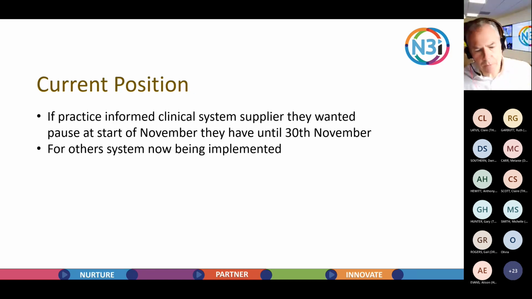So the current position then, following all the discussions at the end of October and coming into November, which I'm not going to go over, the situation, as I understand it from having read the various different bits of information that have come out, is that if your practice was one of those that informed their clinical system supplier that you wanted to pause and that you weren't ready to go live with this at the beginning of November when it was originally scheduled, then your clinical system supplier won't have activated your site, and you will have about a 4-week period to do the final preparations, but it will be activated on the 30th of November.